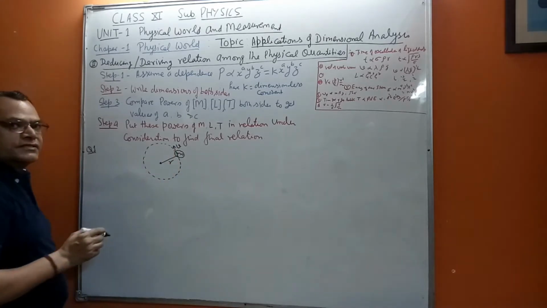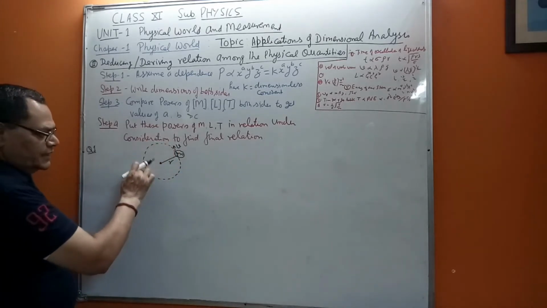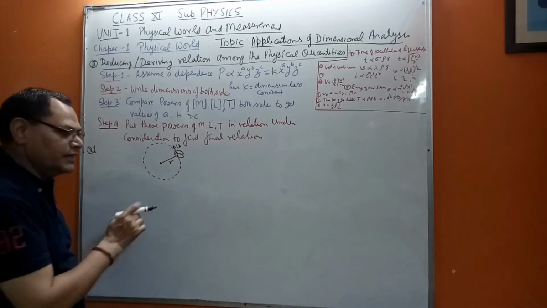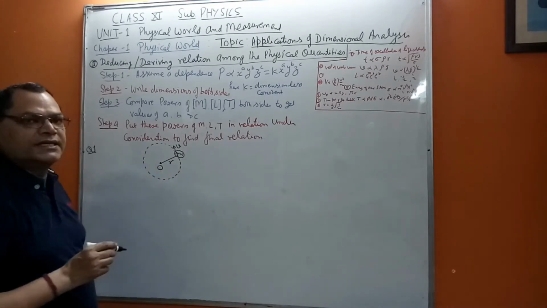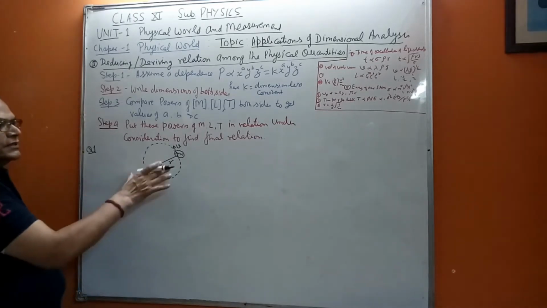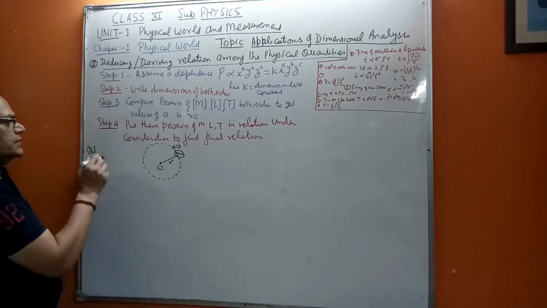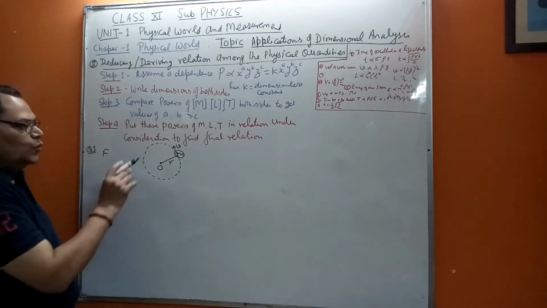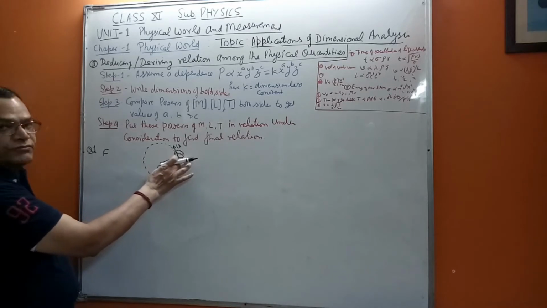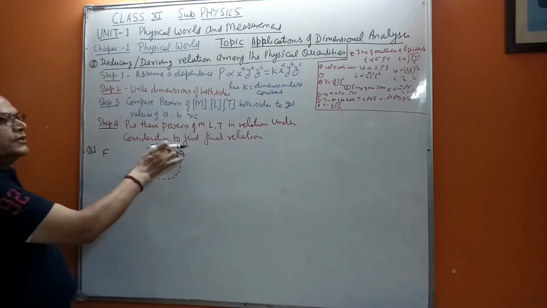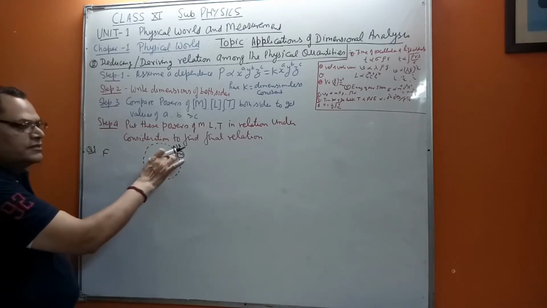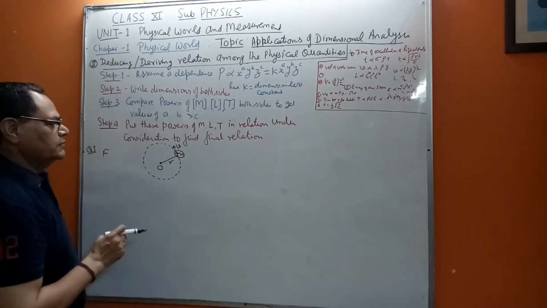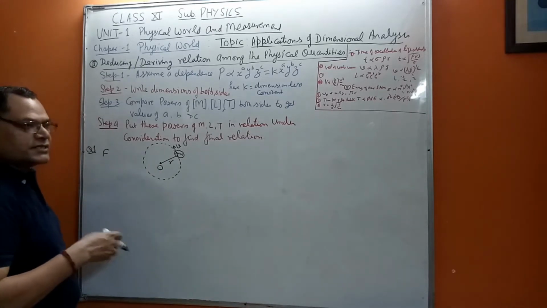There will be a centripetal force experienced by the particle towards the center. That force is called centripetal force. Here the question is to derive a relation for the centripetal force F, which depends on the mass of the particle, the velocity of the particle, and of course the radius of that circular path. Because we don't know, it just depends.